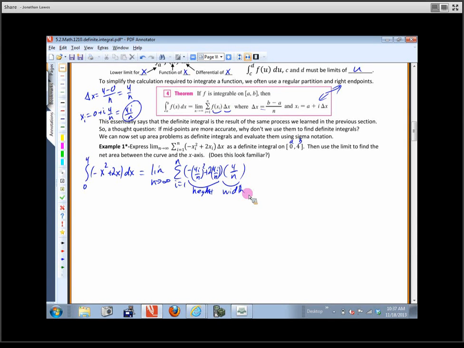Okay. Let's clean this up just a little bit. Let's see, we're going to write 16i squared over n squared, then I'm going to write plus 8i over n, and then I'm going to times that by 4 over n. Everybody good there?